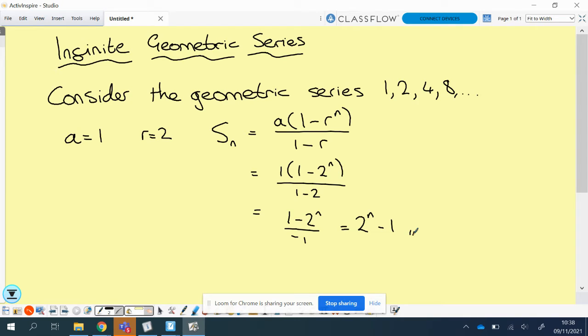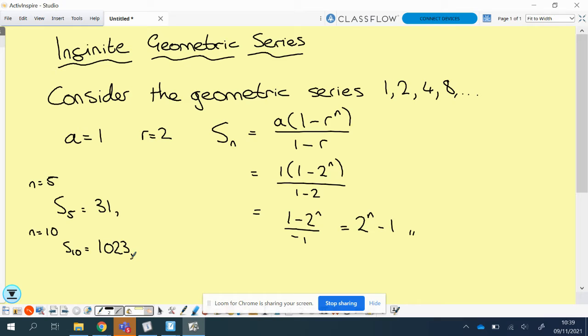An example being, if n was 5, so if we only wanted to go up to the fifth term, then putting n equals 5 into that expression, you would get the value 31. But if I made n equals 10, I want to sum the first 10 terms, putting 10 into that expression I would get 1023. So you can see there's a massive difference in the summation totals, even just going up another 5 terms.